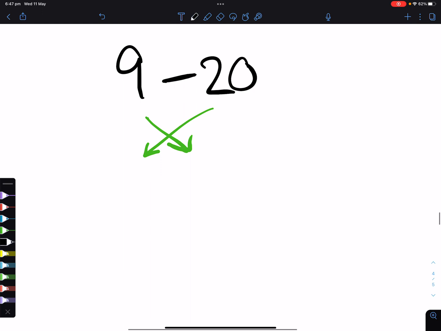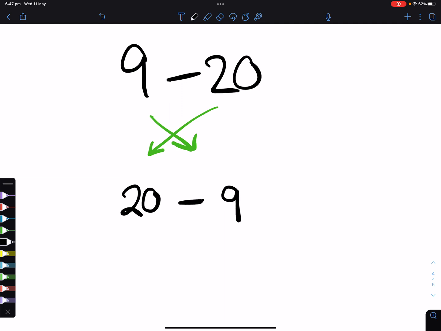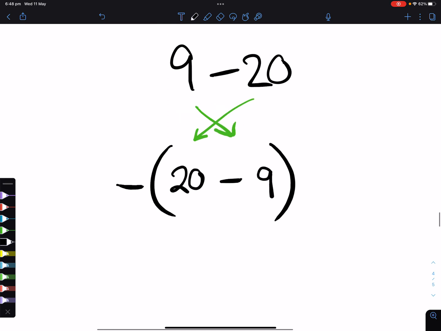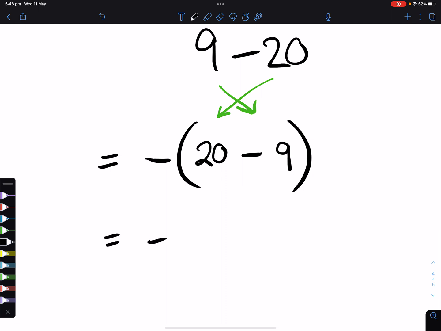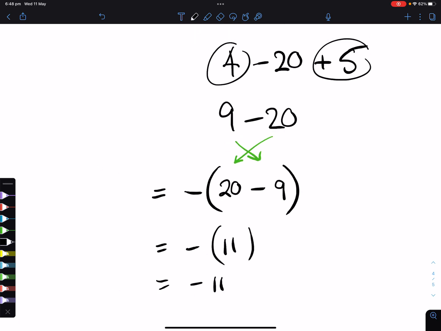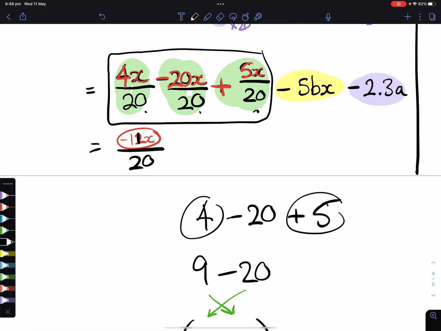If I swap them around, it obviously doesn't match the original answer, but if I wrap it in brackets with a negative in front, then it does match the original. So it matches these two. So 20 take away 9 is 11, so the answer should be negative 11. So I must have been off a little bit when I tried to solve earlier in my head. Okay, so there's the green bit solved.